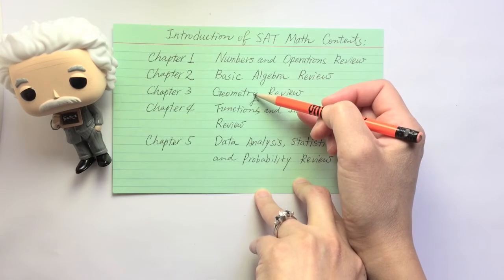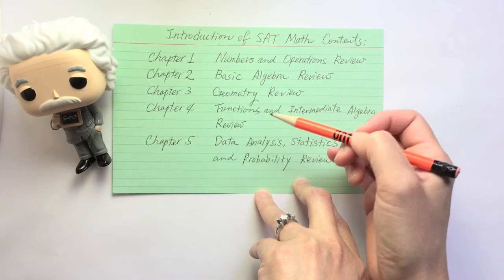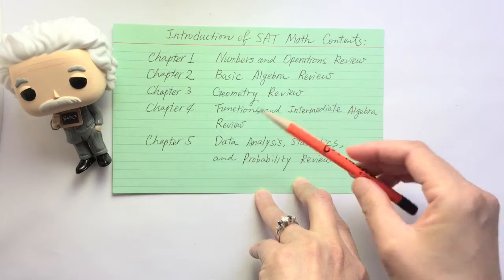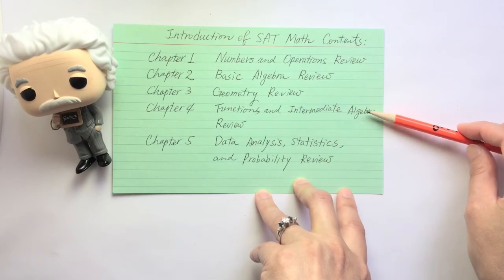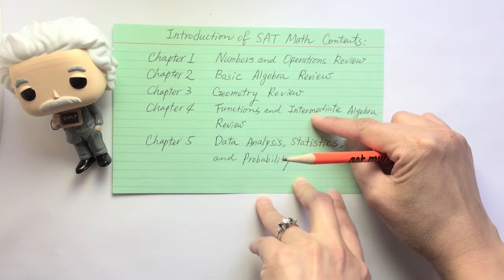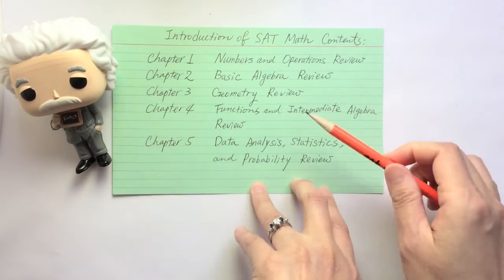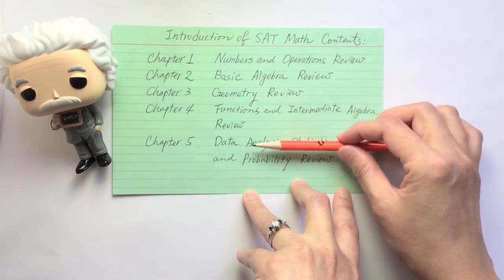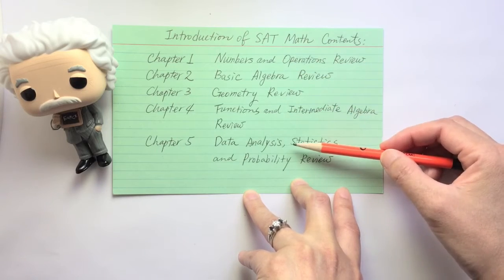And then geometry is like after algebra 1 class. Okay, after geometry, algebra 2 will mention functions and the intermediate algebra, a little bit more advanced algebra. Okay, chapter 5 includes other stuff we don't really talk about, but they are all related to each other.